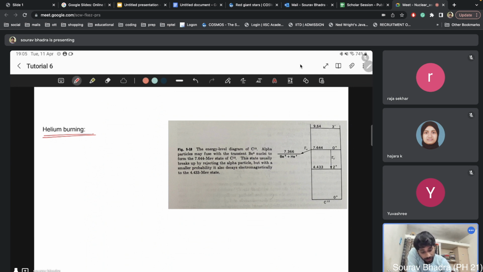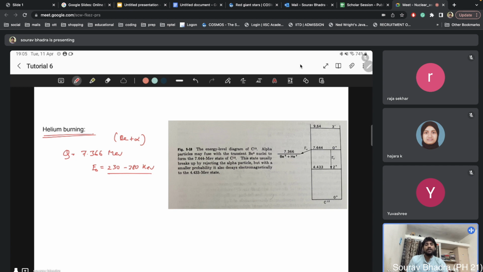So here you can see the beryllium and alpha particle reaction, the second stage, and the Q value of this particular reaction is 7.366 MeV. And the gamma peak of this reaction is around E0, around 230 to 280 keV.